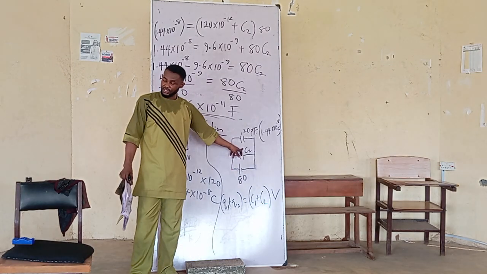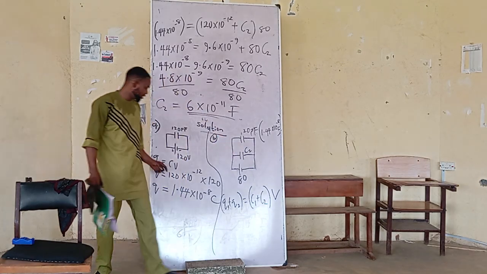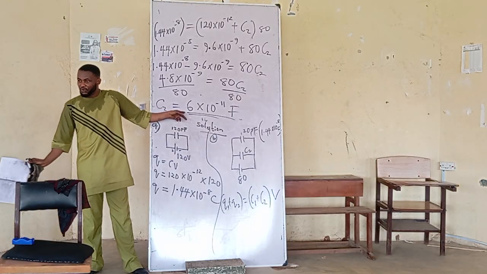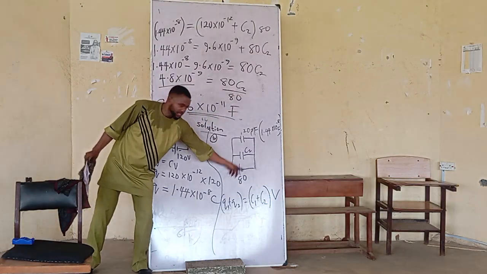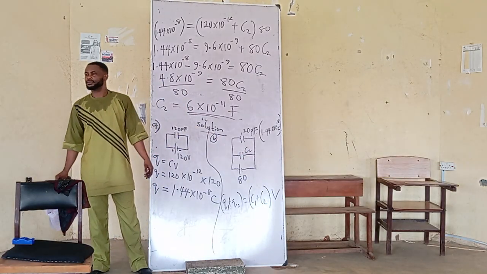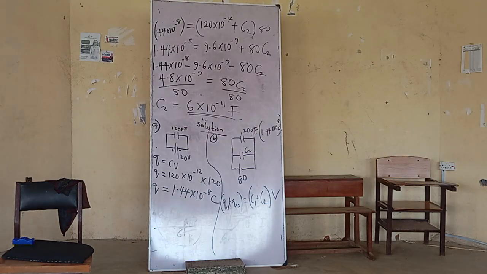But in this case, we don't even know the capacitance. So if we are to find the charge here, it will not be easy for us. But I think when you respond to this, net charge is equal to net capacitance.